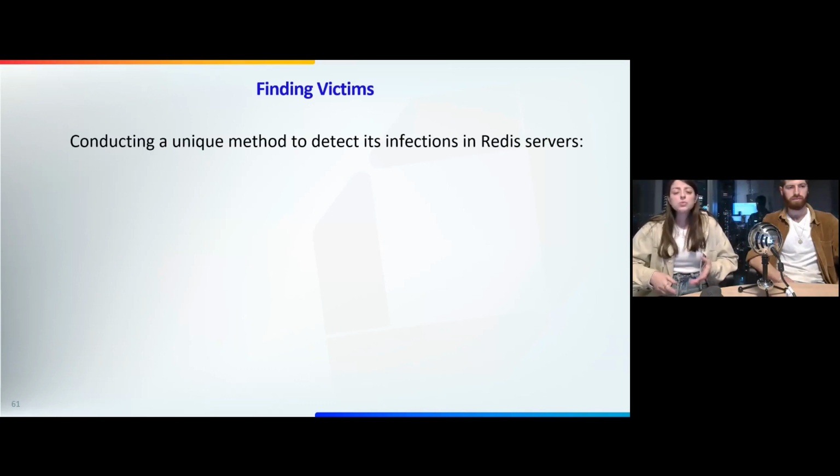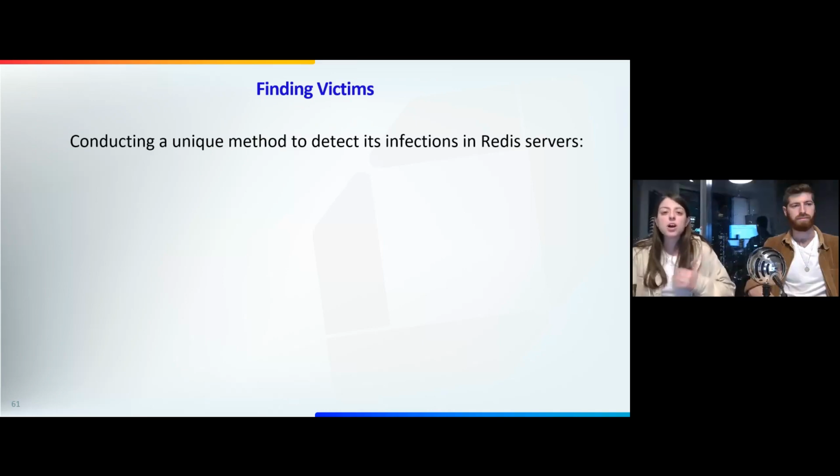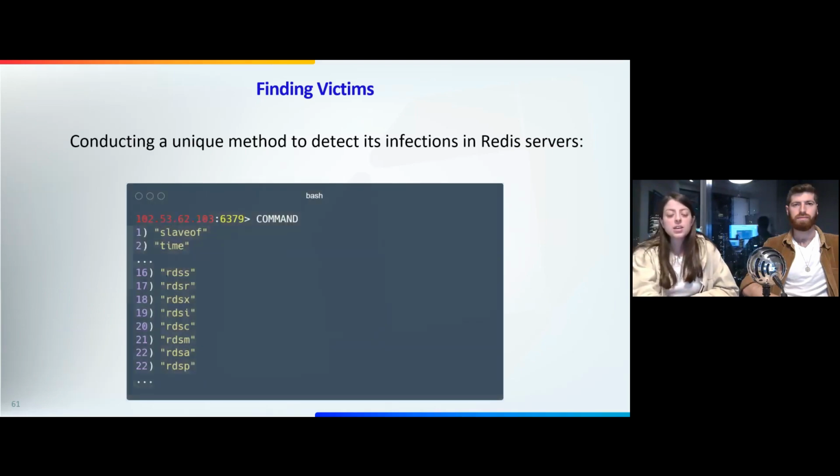Since we know that the attacker creates custom commands in order to communicate with the malware, we thought that we would be able to use the common Redis command which prints all the available commands on a specific Redis instance. And in case those RDS commands appear in a certain instance, we will be able to indicate this server as infected.